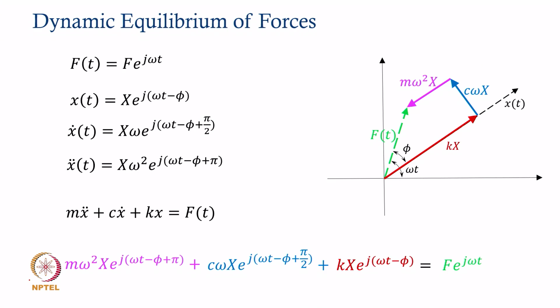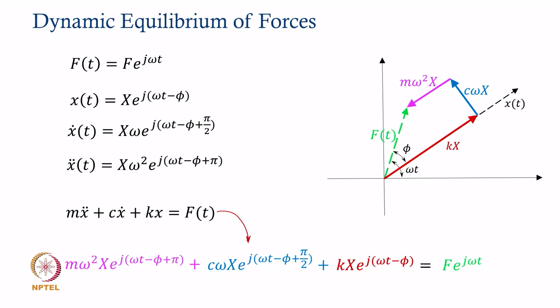So, you can notice that this governing equation is nothing but forces in dynamic equilibrium, and all of them make a perfect force polygon with f of t closing all the 3 vectors.